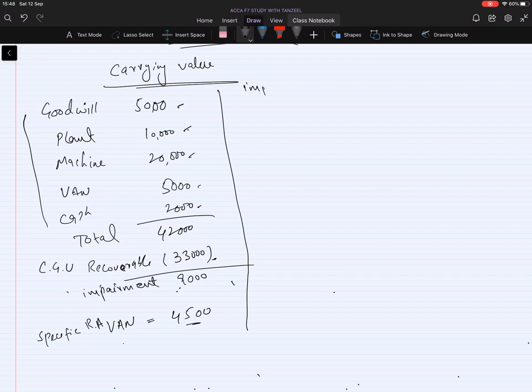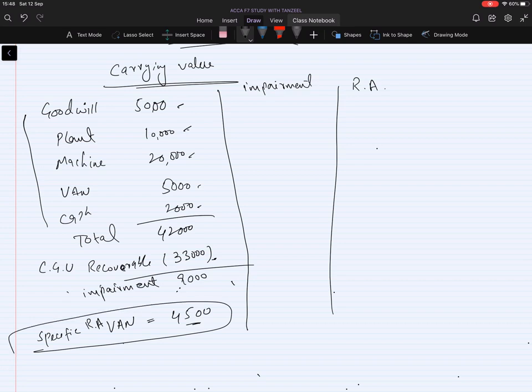Here we will write impairment, and here we will write recoverable amount. It says 4,500 is the van recoverable amount. So out of 5,000, 4,500 we are getting as a recoverable amount. It means 500 was impaired in van.